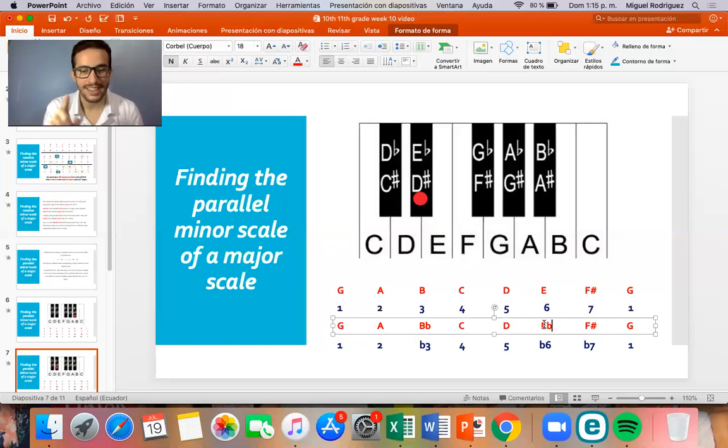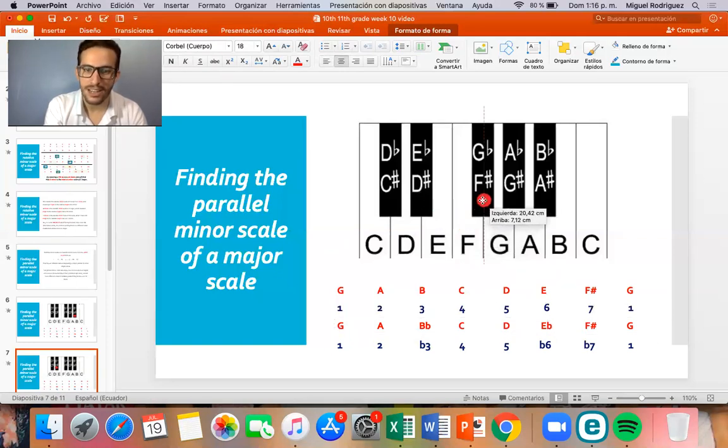So far, so good. Now, this is where a lot of people made a mistake in the next note. The 7 is F sharp here, because in minor we need the flat 7. So we're going to put the red dot on the 7 of major, which is F sharp. So we don't put it here, we put it here on F sharp. Okay?